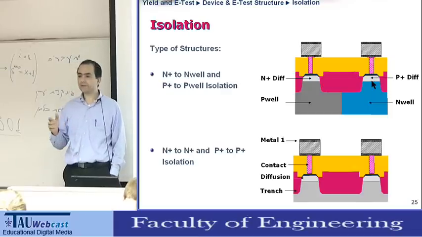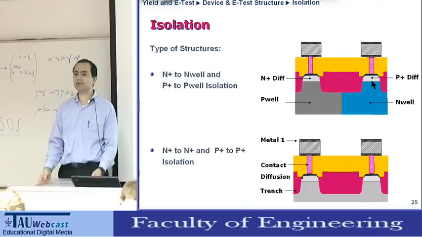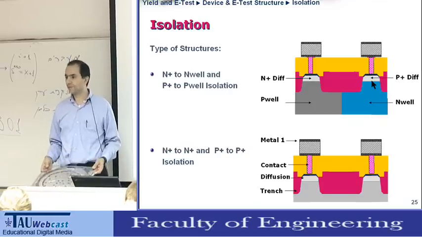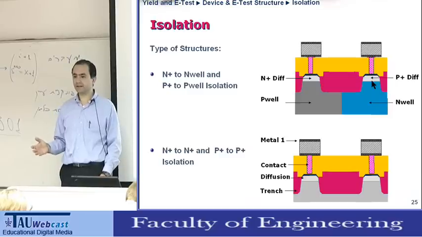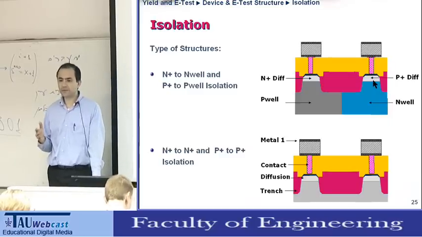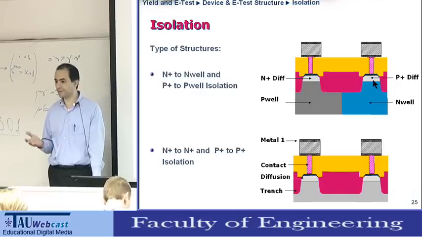But if the regular number is 14 volts and suddenly we measure a wafer and the value is 4 volts, 4 volts instead of 14. Even though the transistor operates at 1.8, we will say this wafer is problematic because it's different from the distribution of the other wafers.